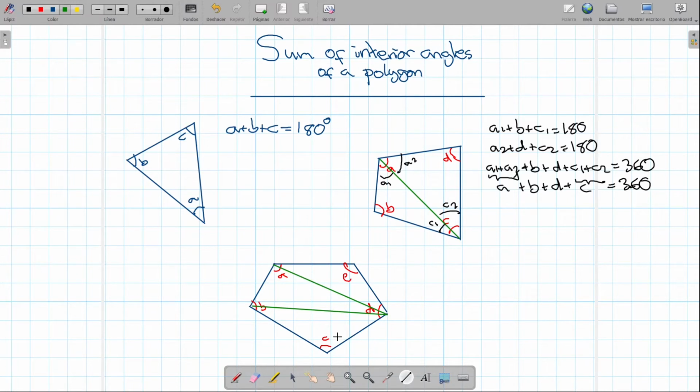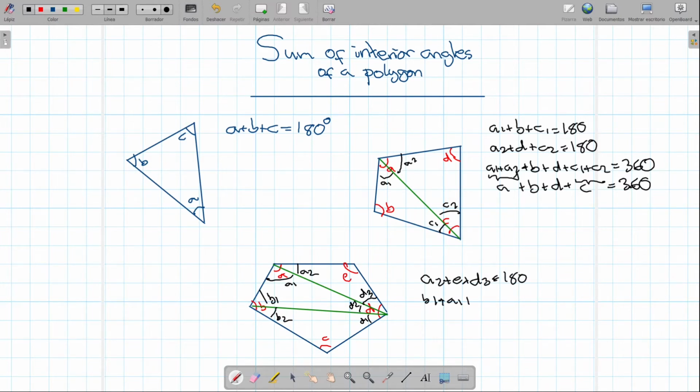Okay, so basically we can create three triangles where now we have B1 and B2, we have A1 and A2, and we have D1, D2, and D3. It's three triangles, so A2 plus E plus D3, that's 180.